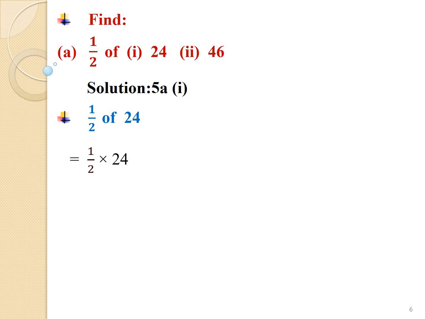Now multiplying numerator 1 by a whole number 24 and keeping denominator 2 same, we get 24 upon 2. Now dividing 24 by 2, we get 12. Thus, half of 24 is 12.